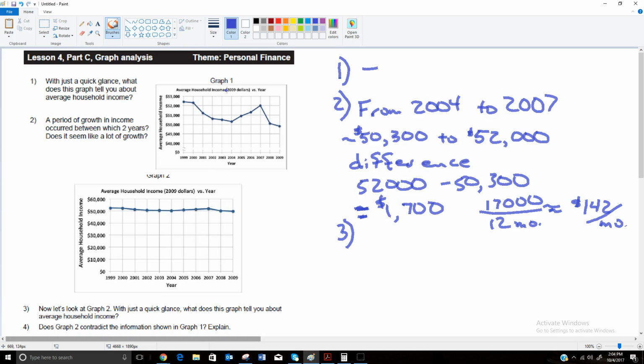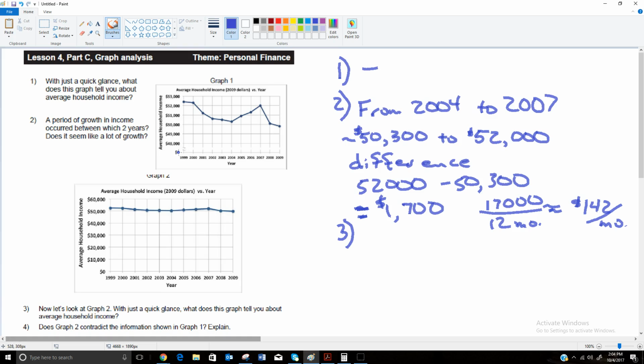But this is curious. If you go up here, same title, average household income. Same label over here, average household income. Same years down here. So why do these two graphs look so different? Well, the only change is that over here they go by thousands, and right here there are these funny little wavy marks that mean the graph has been split.